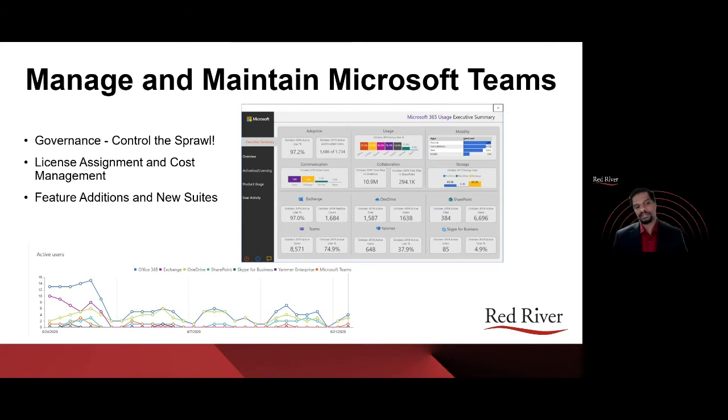As well as keeping on top of the new features and new suites that Microsoft may have in order to help you save some money, but get some of the features that you were looking for. A great example of that is recently Microsoft rebranded a lot of the Office 365 suites into the Microsoft 365 suites. And some of the things that they did, it wasn't just a naming rebrand.